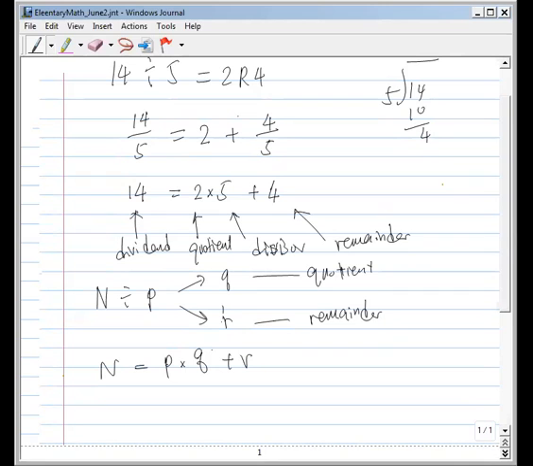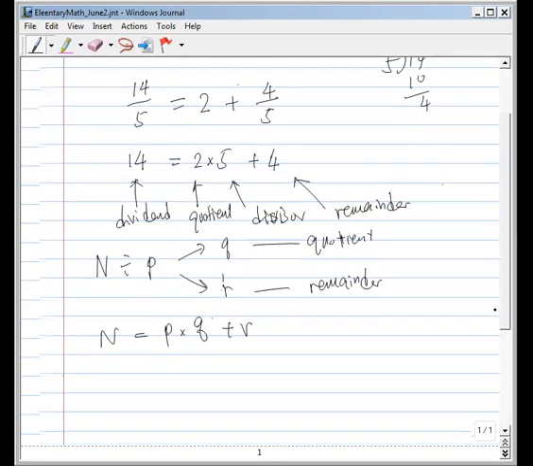The first example: when the remainder is 0, that means the number is divisible by the divisor. For example, 10 divided by 5 is going to be 2, so 2 times 5.